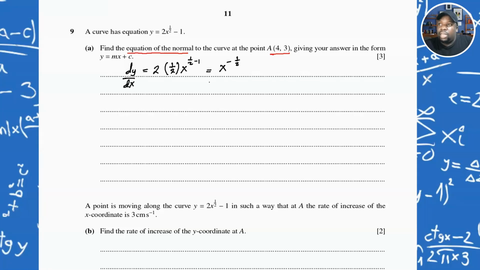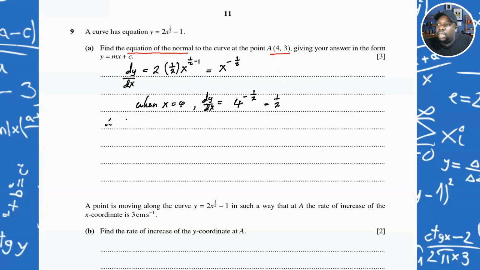All right. Now, when x is equal to 4, remember the point A has coordinate of 4. dy by dx will be equal to 4 to the power minus a half, which is actually a half in itself, so a half.